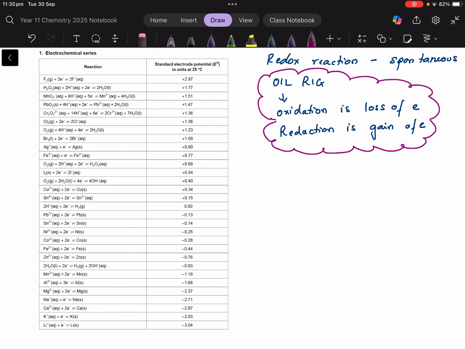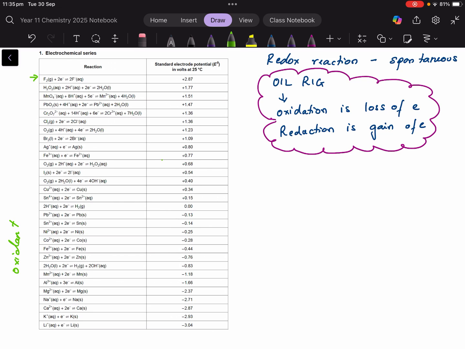Your oxidants are going to be here. Oxidants are on the left hand side of the equation. So every equation will have the oxidant on the left hand side and the reductants on the right hand side.